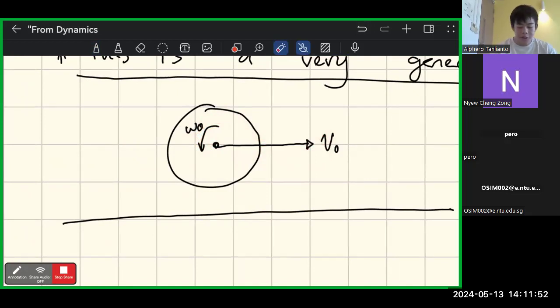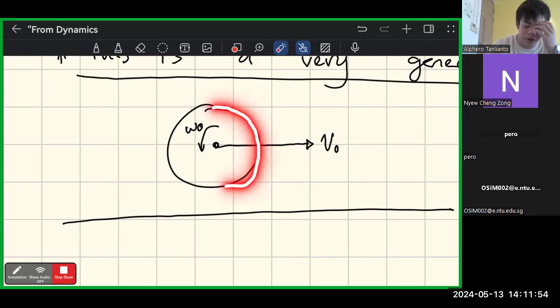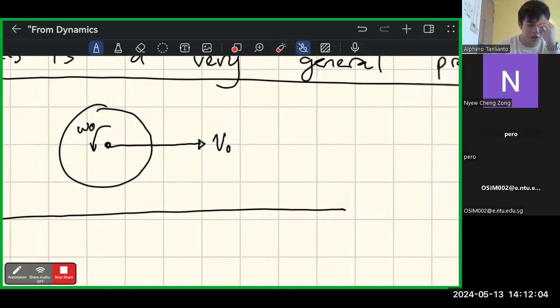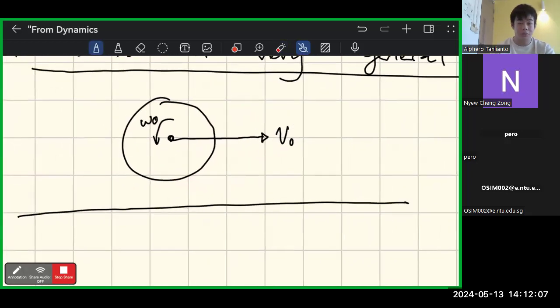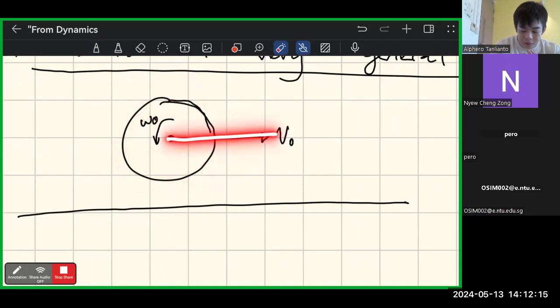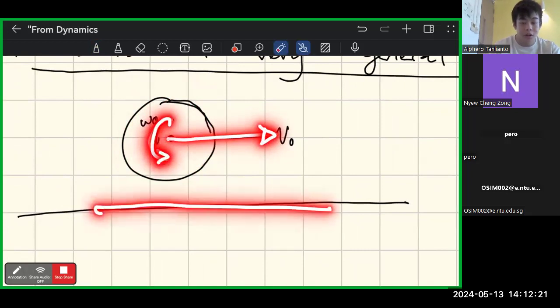I think a cylinder is very hard to imagine, so I'll just picture this as a spherical shell, because usually a basketball is a spherical shell. So if this basketball has a velocity towards the right and it rotates this way before it falls down to the ground.